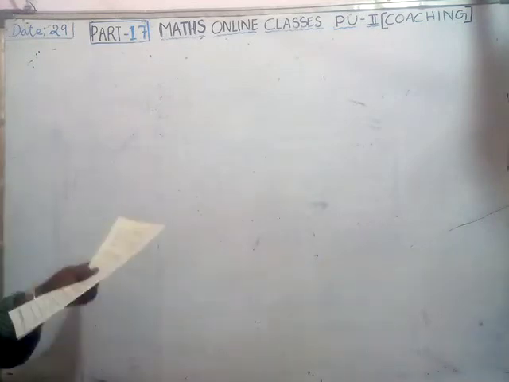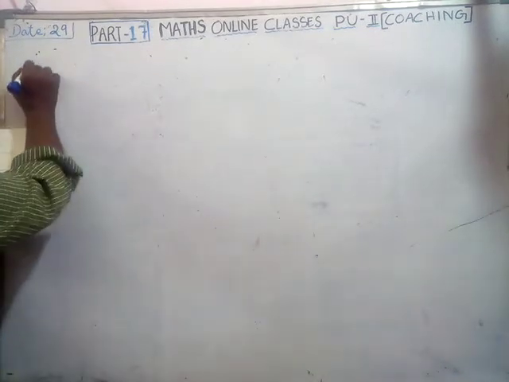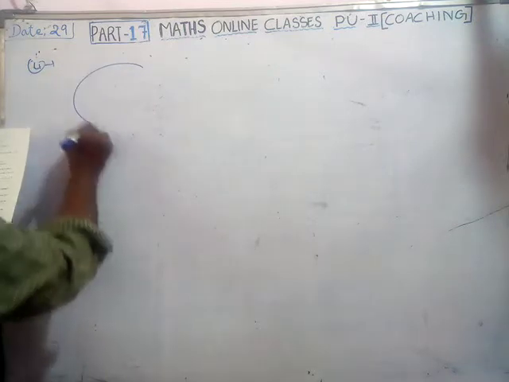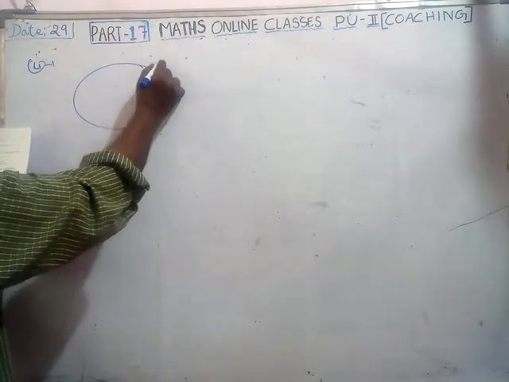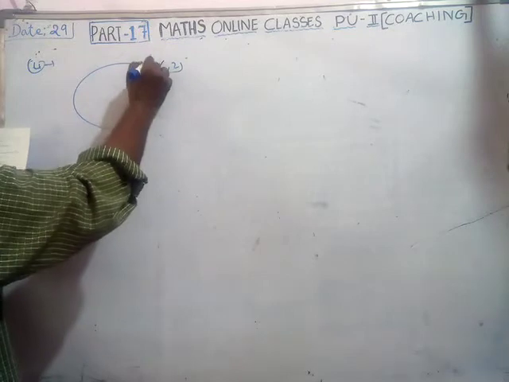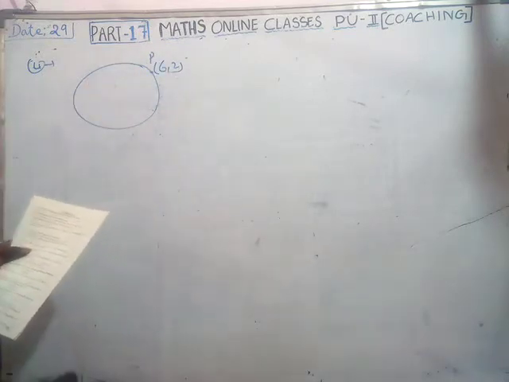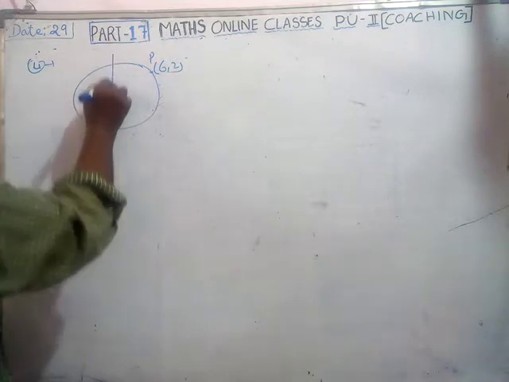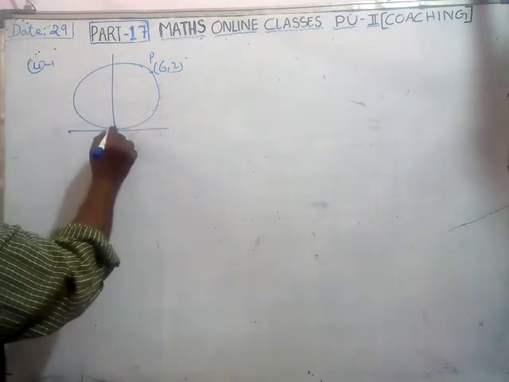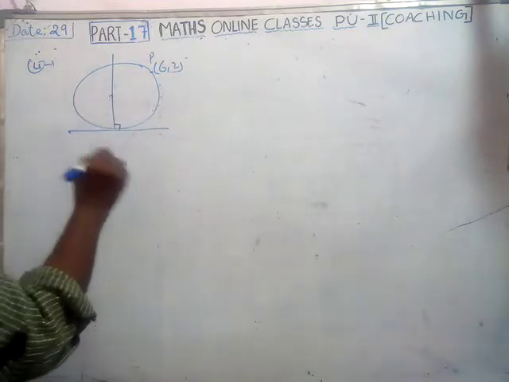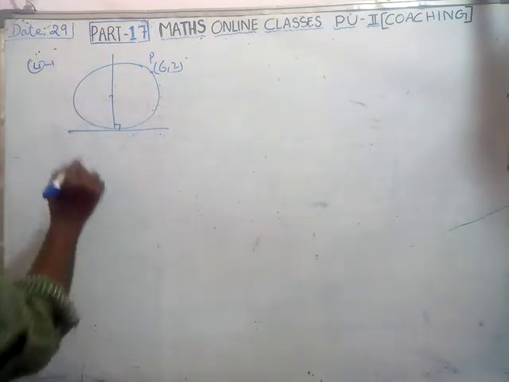Observe the fourth one. It is passing through the point P, 6, 2. And normal means perpendicular to tangent. It is also normal, also passing through the center.